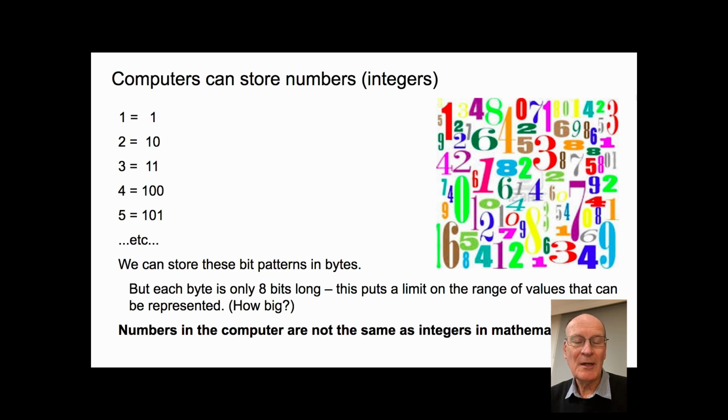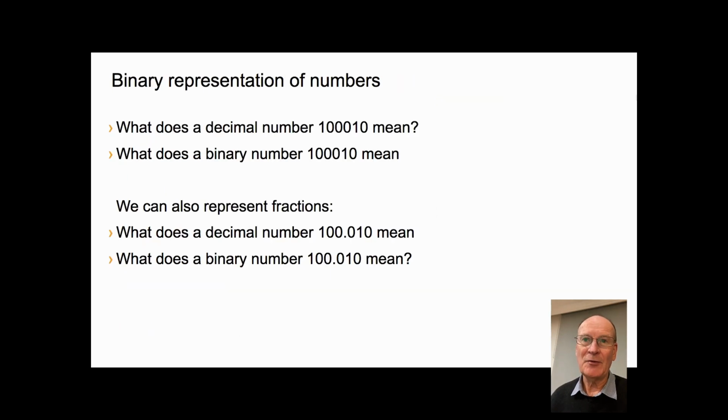Whereas in the computer, we are restricted by the size of the bit pattern that's going to represent our number. And if we represented all numbers in a single byte, we'd be restricted to the range of values 0 to 255, which is not that useful. Still, let's have a look at a couple of representations. And we did some of this in the previous unit on binary numbers.